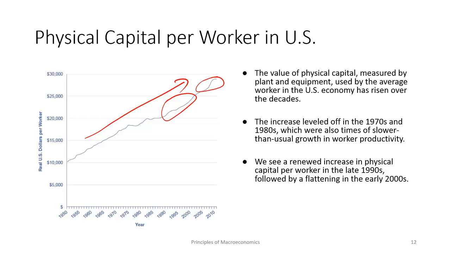Now, what happened in the late 1990s is the age of the computers. We had Windows coming in. All this was playing an important role in increasing availability of physical capital, and as a result increasing workers' productivity.